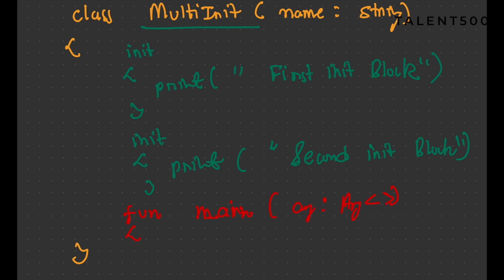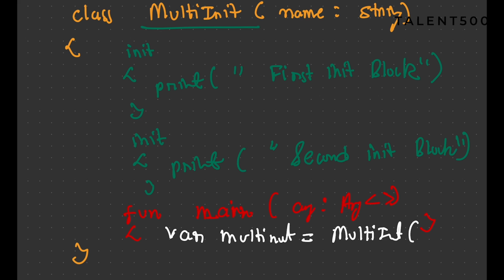Inside this, if I write var multiInit, I am creating an object of the class MultiInit, and I can pass any string here, right? Anything, my name or Talent500, anything.